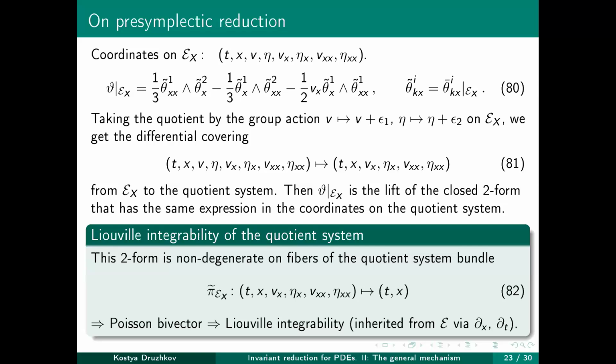I mean, maybe there are some problems with its global definition, but at least locally we can do it. So we get this Liouville integrability, and now we see that it is in essence inherited from the original system, from the NLS itself, or from the potential Kaup-Boussinesq itself, via the invariant reduction mechanism.